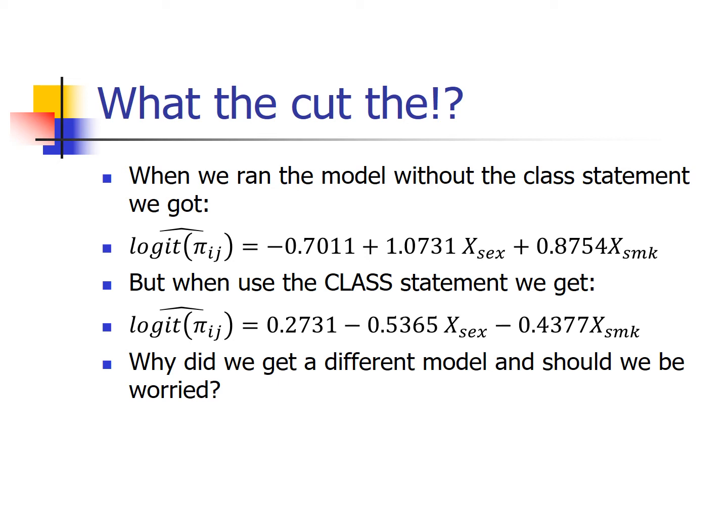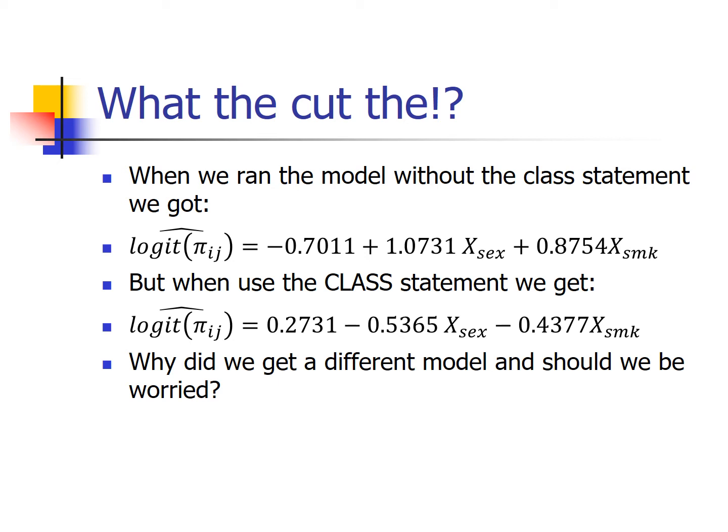If you go back to last week's lecture and you look at the model we had without the class statement that we wrote down, you will see it's that logit function, right? Our logit function for our estimated model. It's that negative 0.7011 blah blah blah. But when we use the class statement, we get a very different looking model equation. How can that be? Why did we get a different model?